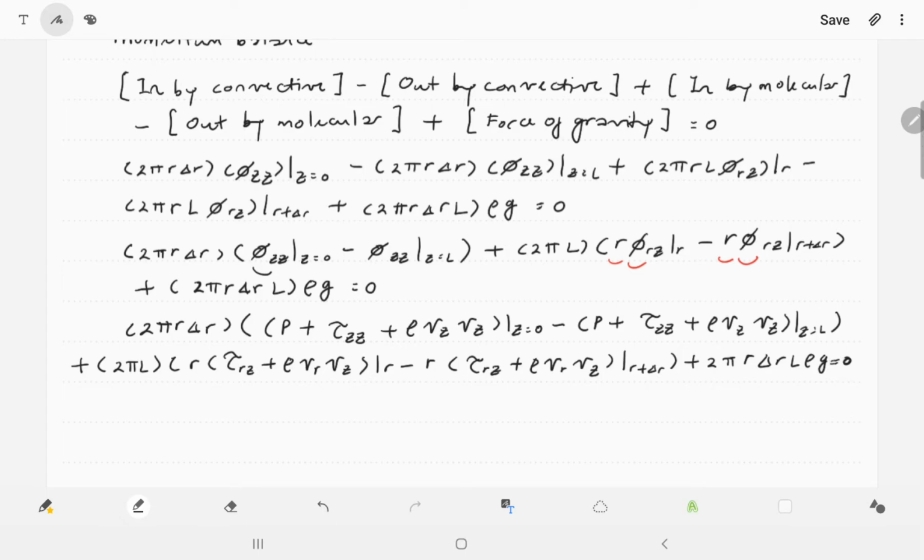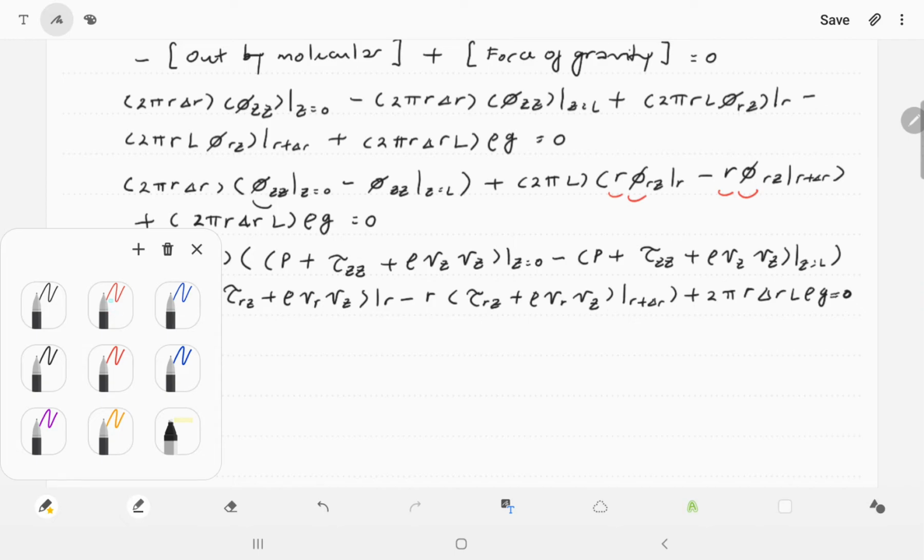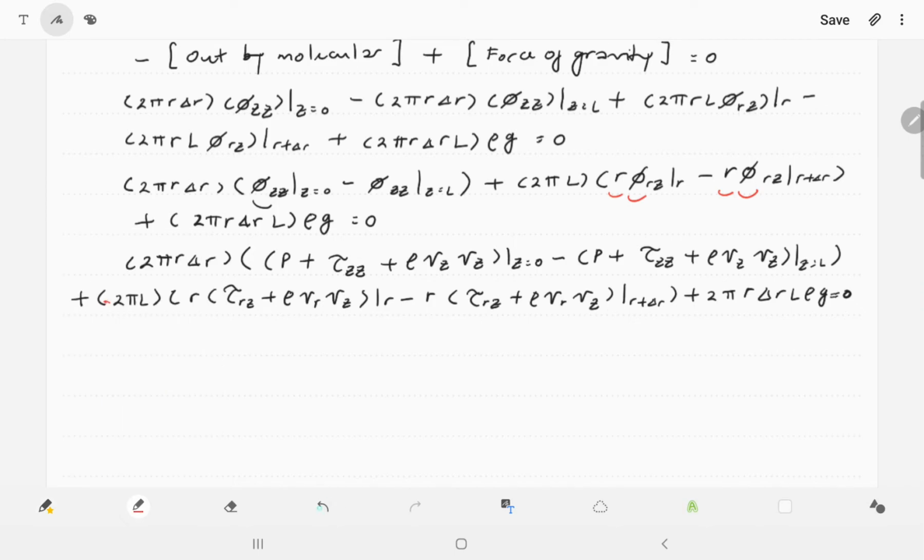Okay. In here we look into the terms. Okay, tau zz, vr, and we know that this one is actually equal to 0.